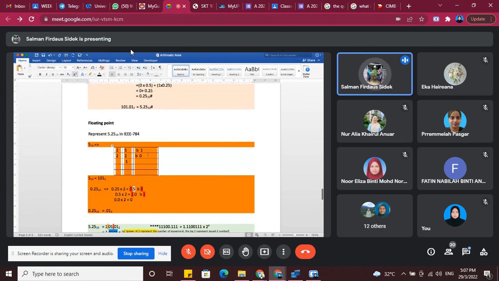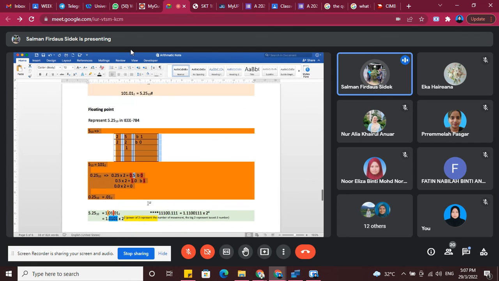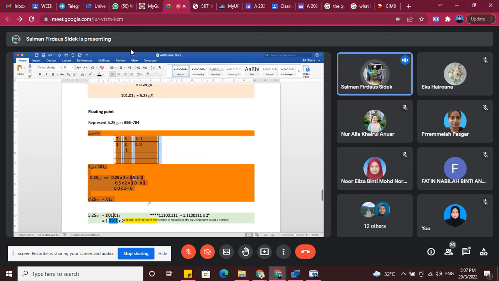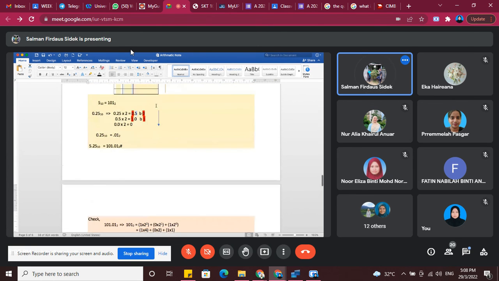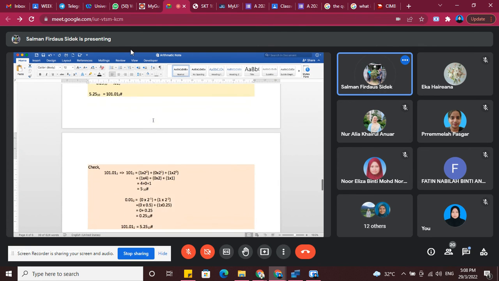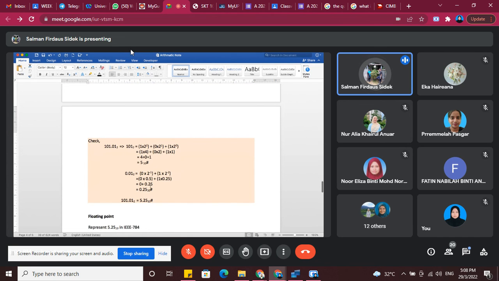Dekat atas ni semua sama lah. Ini yang warna orange, the orange color is similar like if you want to get the answer in fixed point. So this is the technique. Yang atas ni tadi fixed point. Ni nak check ni macam biasalah. Ini pun sama juga, kita guna jadual yang kita dah buat tadi.